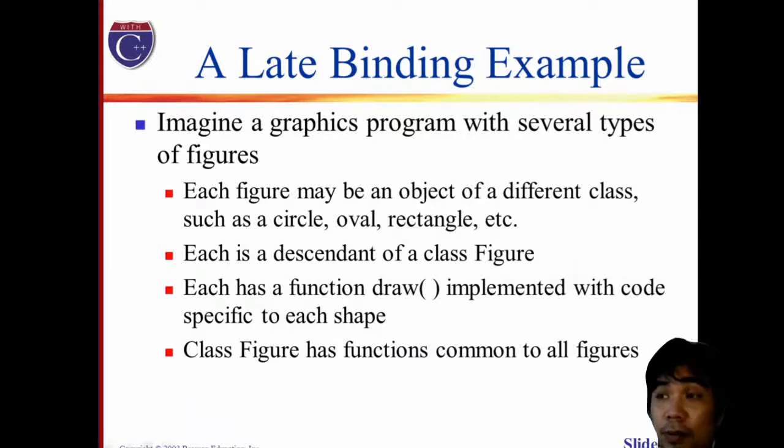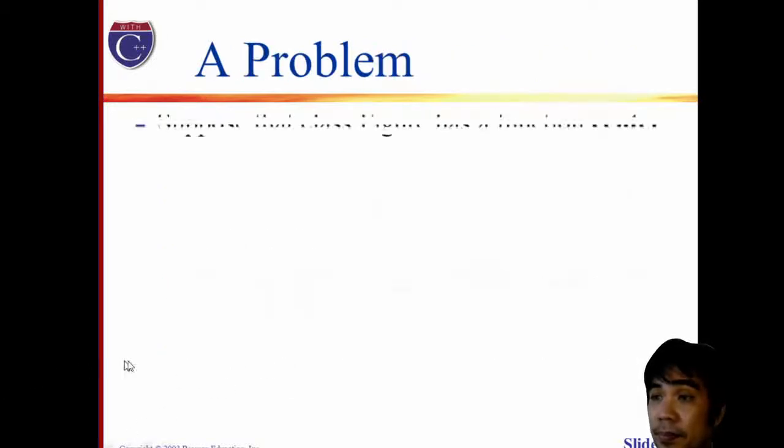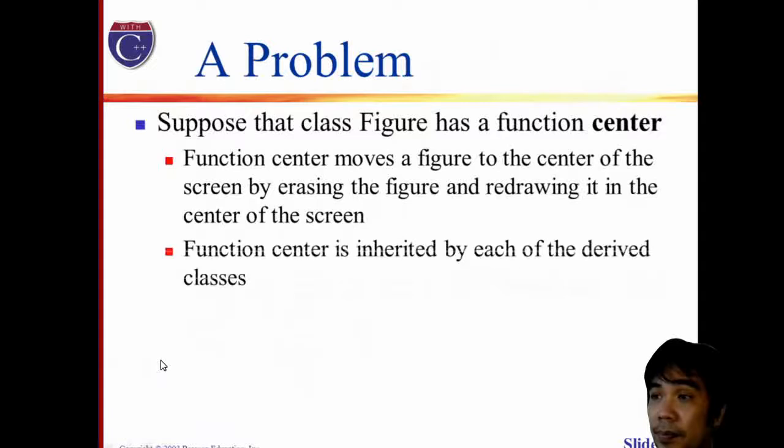Here is another demonstration of polymorphism. Suppose that the class Figure has a function center. The function center moves a figure to the center of the screen by erasing the figure and redrawing it at the center of the screen.